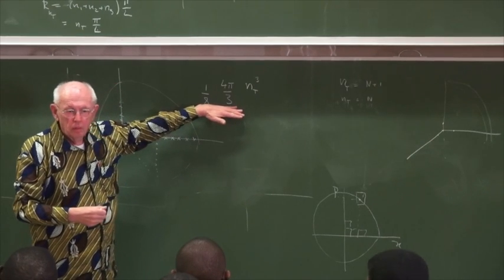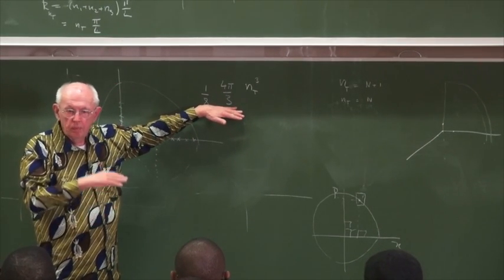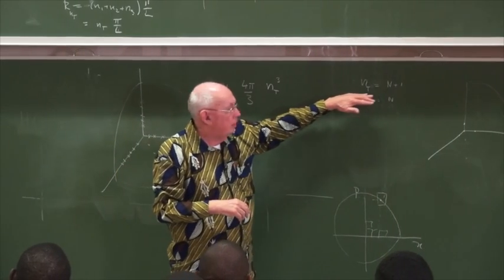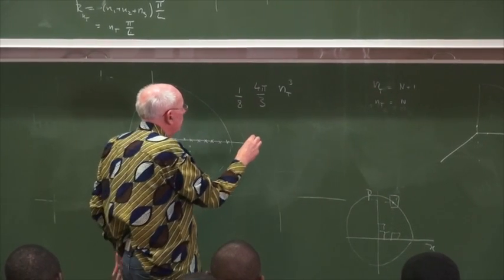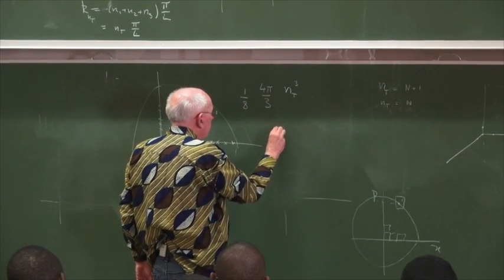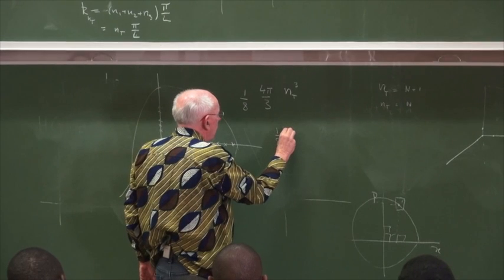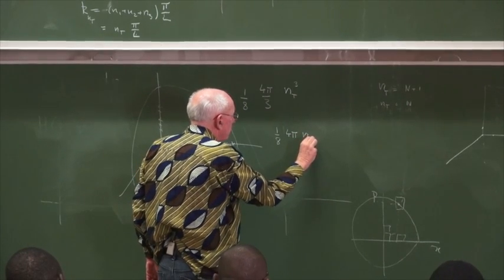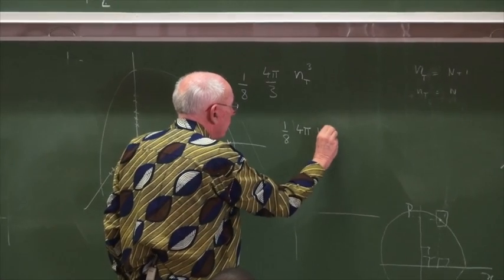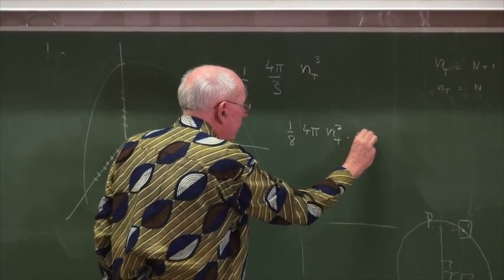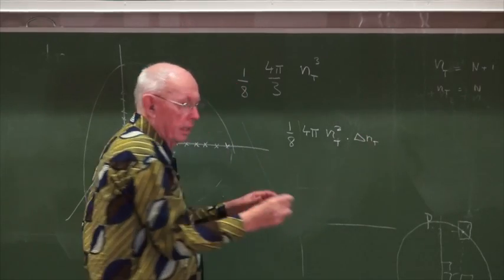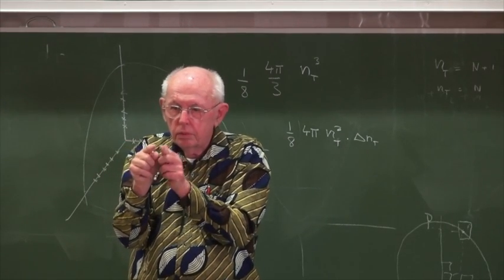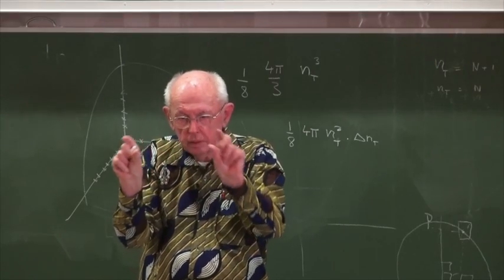So this is all the possibilities up to the value NT, and if I differentiate this, basically I will get 1 over 8 times 4 pi NT squared times delta NT, which basically says how big I make the rim, whether I count them exactly or I count between 100 and 105 and so on, just the size of the rim.